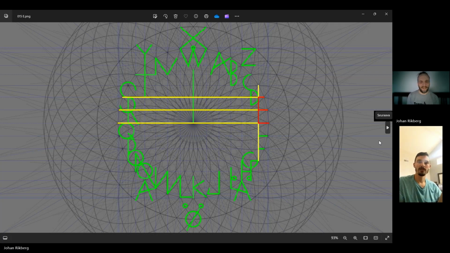But it's like the sun and the moon are growing the branches off the pole of the tree there. Maybe the bottom one is representing the root of the tree.